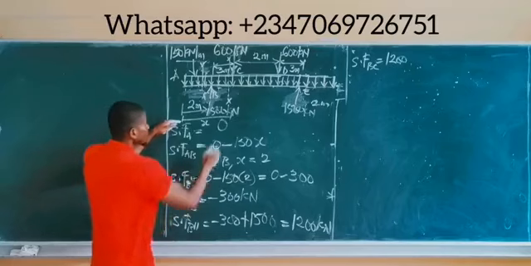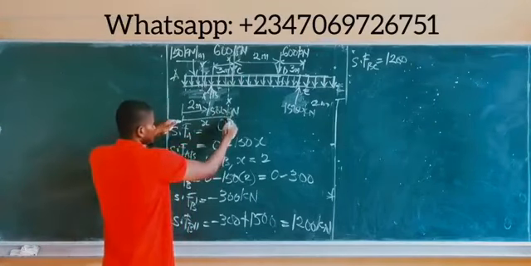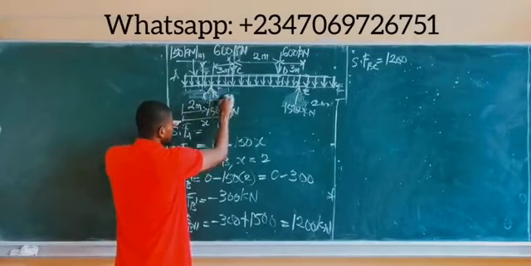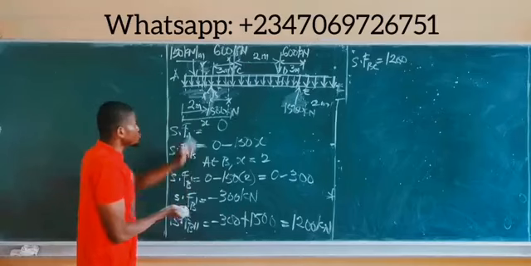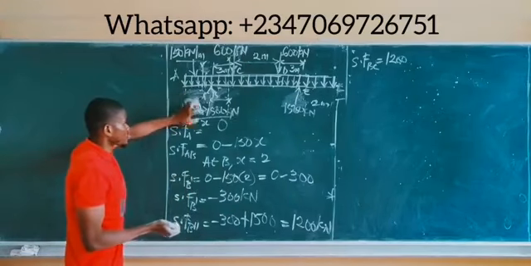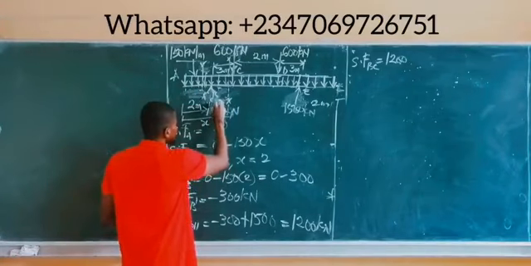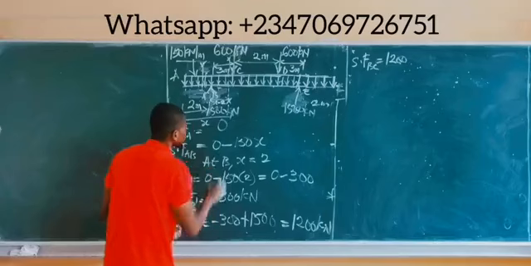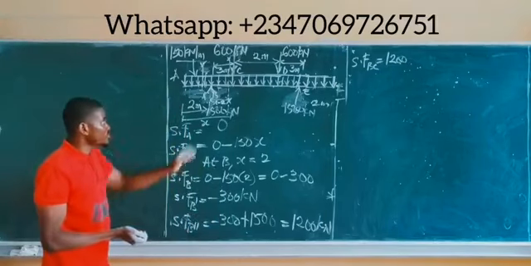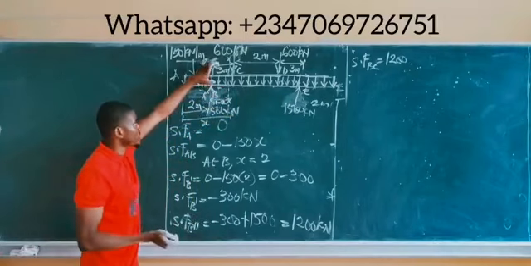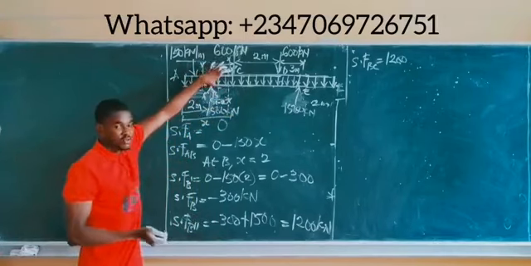If from A to the point of section is x meters, then from point B to the point of section, we take away these 2 meters that we don't need from x. That distance gives us x minus 2. This is the length of the UDL between B and the point of section.